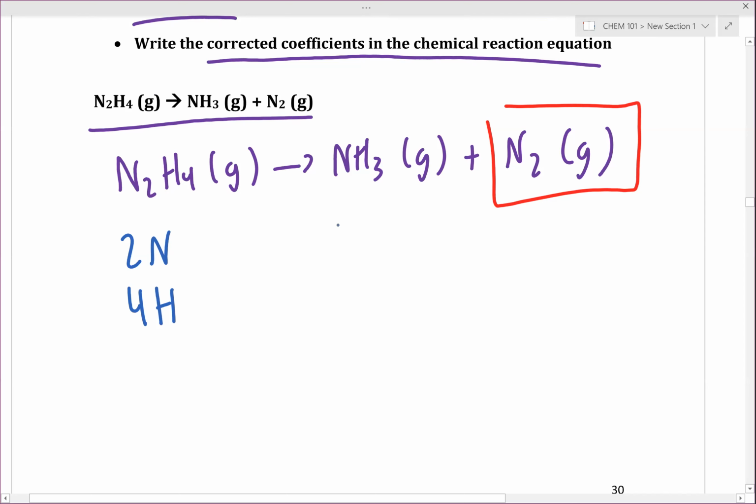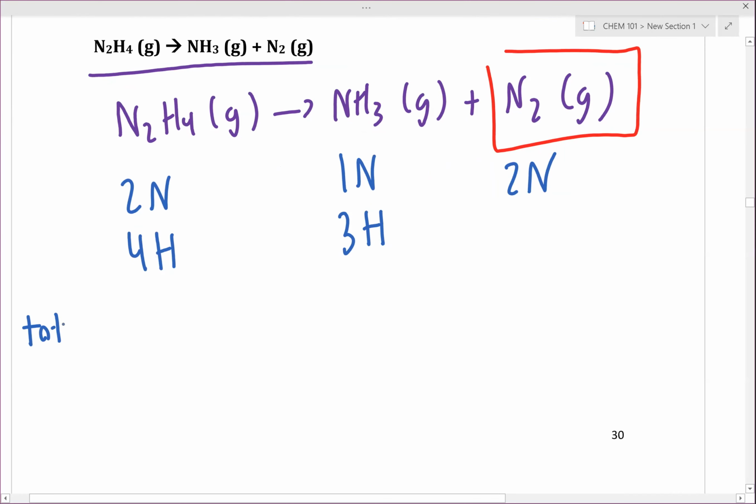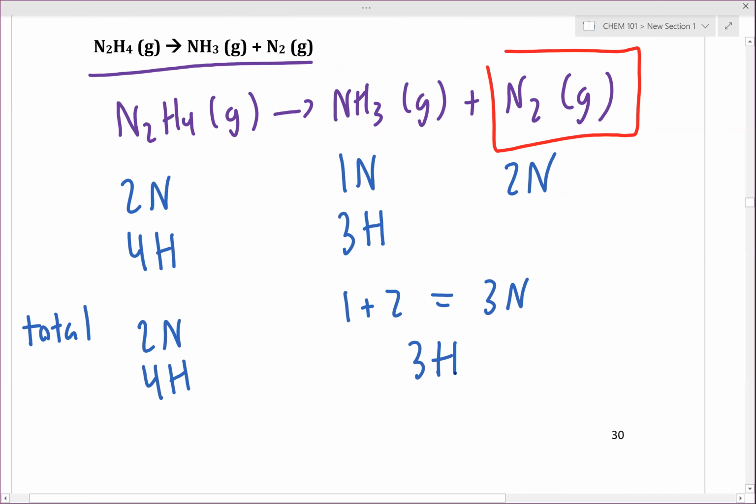On the right-hand side, we have 1 nitrogen and 3 hydrogens. And from nitrogen gas, we have 2 nitrogens. So in terms of our total, we have 2 nitrogens and 4 hydrogens on the left, and we have 1 plus 2, which gives us 3 nitrogens and 3 hydrogens on the right.